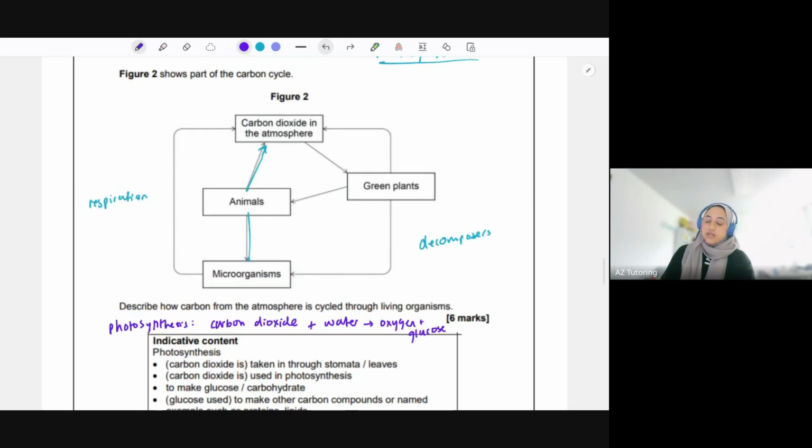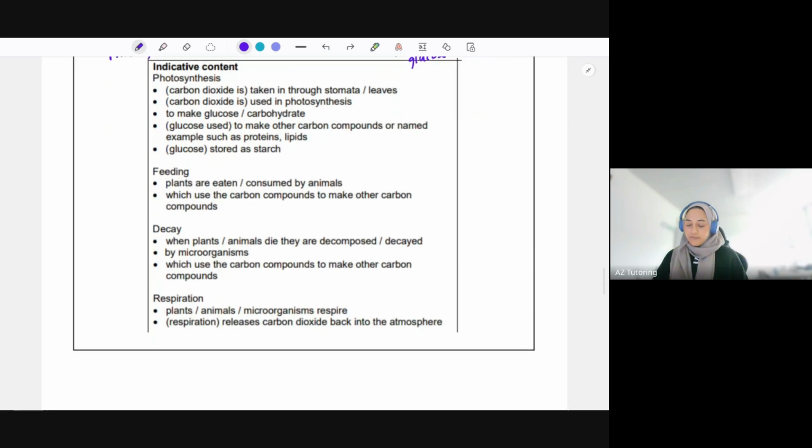The green plants as well, again, eaten by the animals, carbon's transporting through. Decay: when plants, animals die, they're decomposed by microorganisms, the decomposers that we spoke about. They essentially are feeding off that animal that's buried. That's why it decomposes. It doesn't just stay as is.